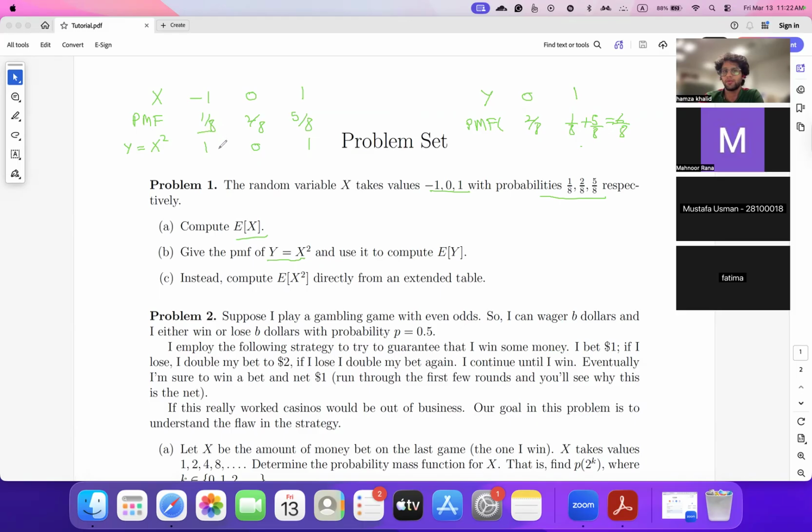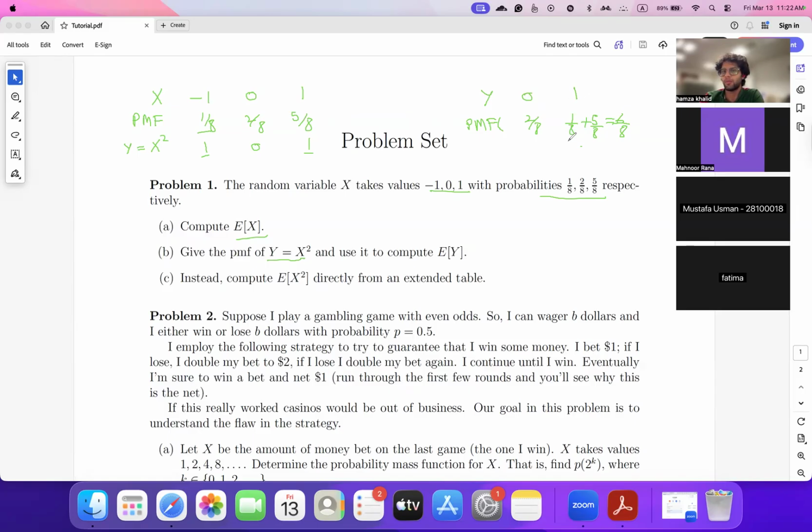Sir, can you please explain this? Well, your random variable is x squared, right? So whenever you get x equals minus 1, the realization equals minus 1 or plus 1. In both cases, you will get 1 because it's a squared function, so it can't take negative values, right?